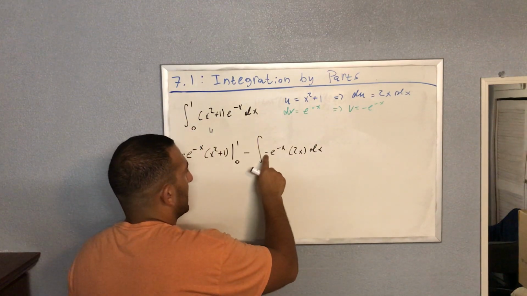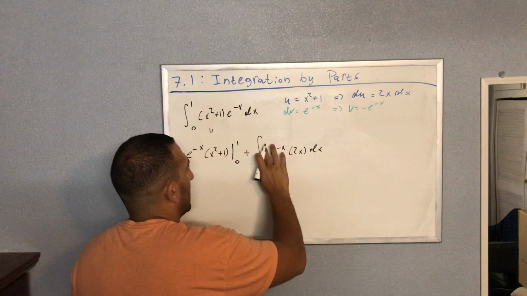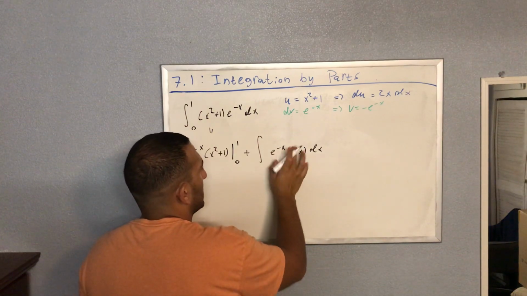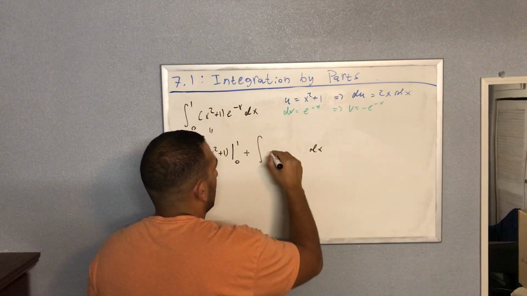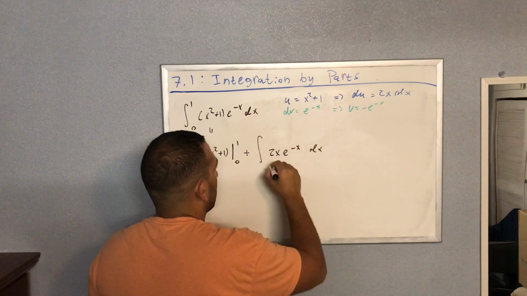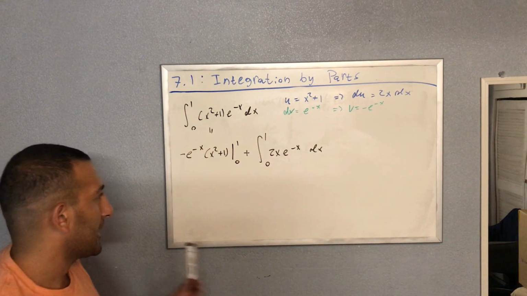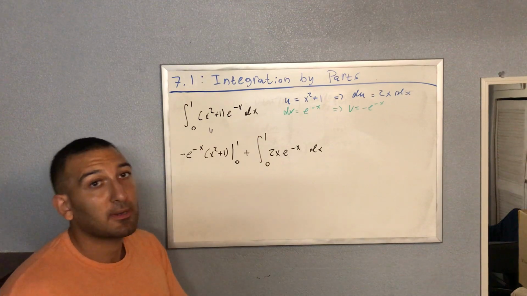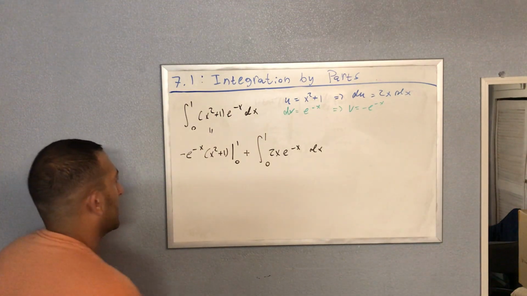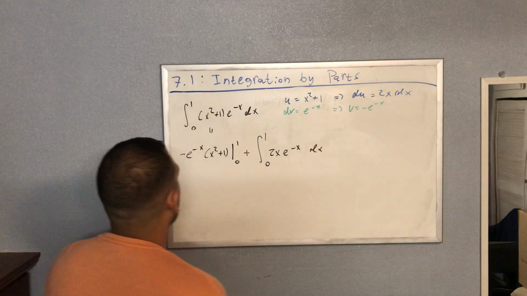Now this minus sign and that minus sign collide to give a plus, and then the 2x I'll write out in front. So 2x e to the negative x, and this is from 0 to 1 as well. And notice that we will have to do integration by parts again. But let's figure out what this is real quick.